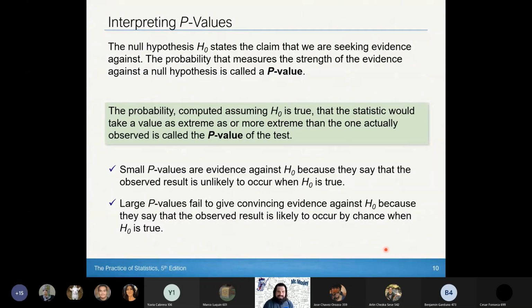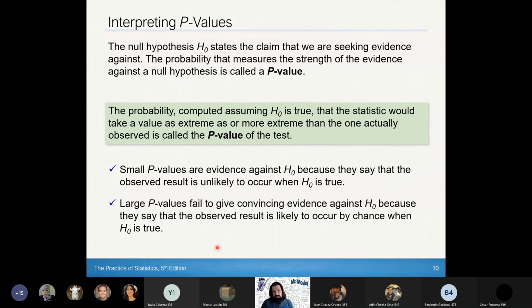Small p-values are evidence against H naught because they say that the observed result is unlikely to occur when H naught is true. Large p-values fail to give convincing evidence against H naught because they say that the observed result is likely to occur by chance when H naught is true. So if something's still relatively likely to occur, then it's not evidence against the null hypothesis.